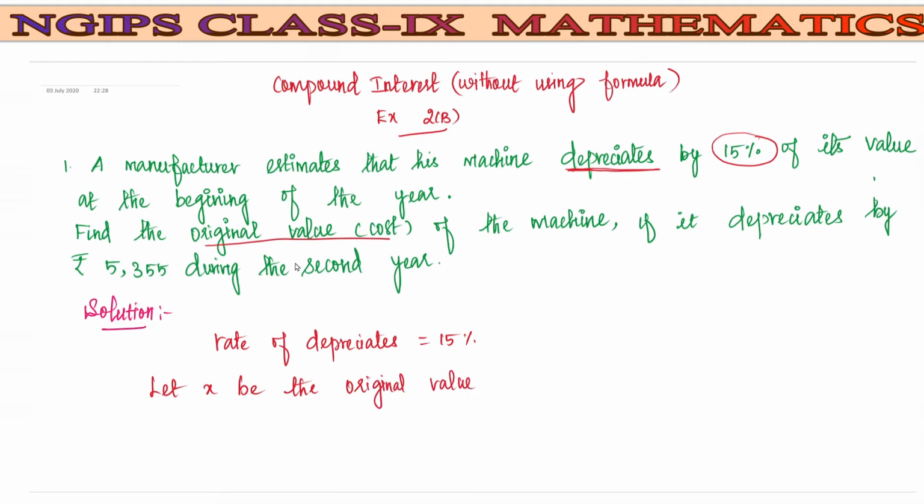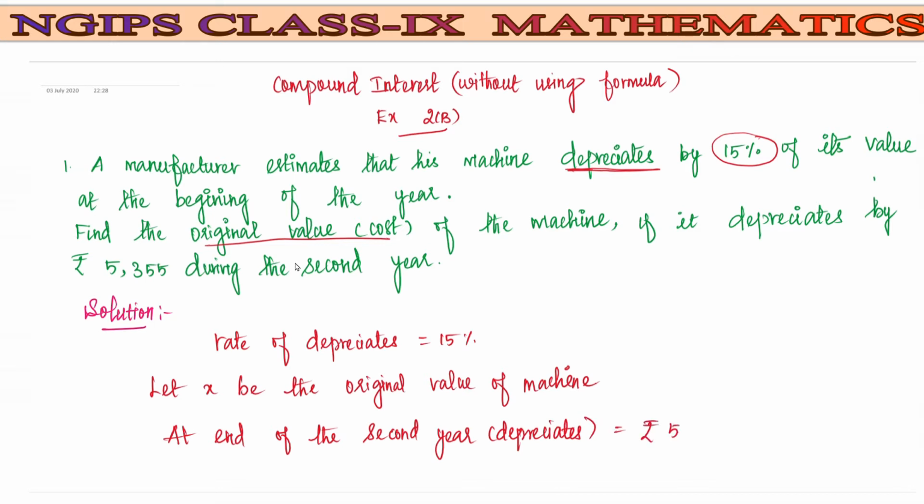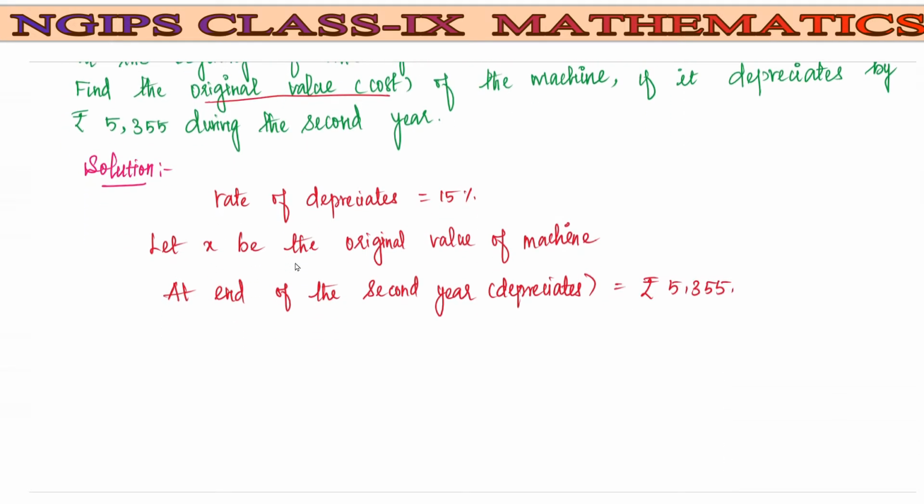Next, at the end of the second year, the depreciation value they have given is equal to rupees 5355.